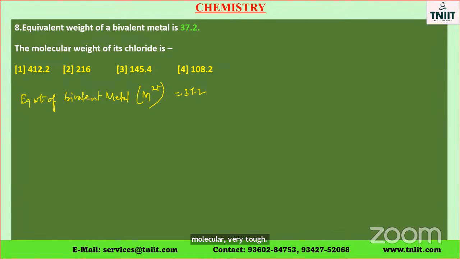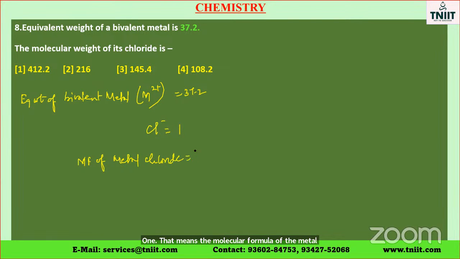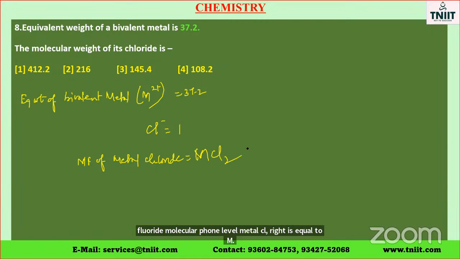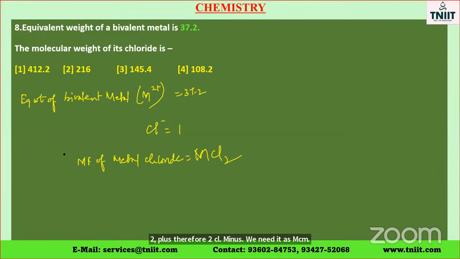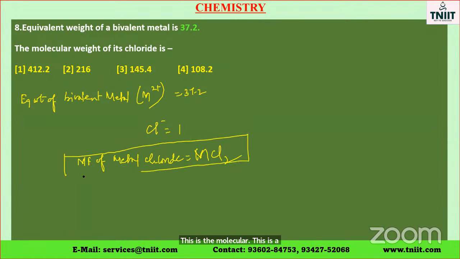Now, when we say chloride, the valency of chloride is 1 because it is Cl minus. The metal is 2 plus and chloride is minus 1. That means the molecular formula of the metal chloride is M2+ with 2Cl minus, so it is MCl2. Now they're asking to calculate the molecular weight.